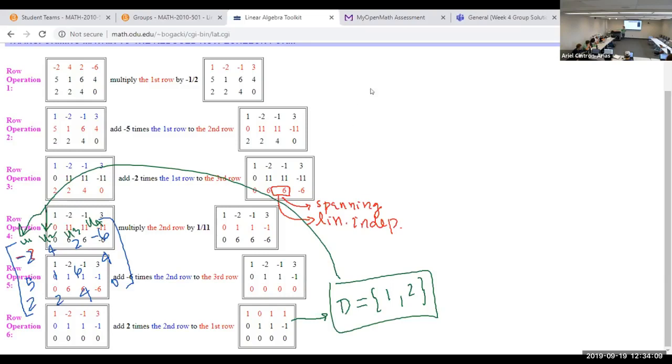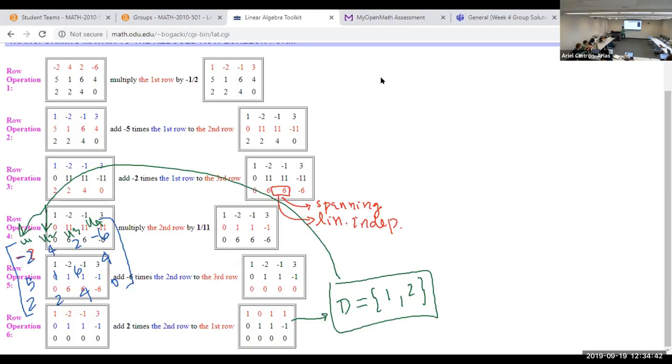If I had 1, 3, and 4, I would have selected the first, the third, and the fourth. But the indices in D, the indices of dependent variables, are 1 and 2, so I select column 1 and column 2. Those two columns are linearly independent, and the span of those two columns coincides with the span of the 4 columns. So they have both the linear independence property and the spanning property.